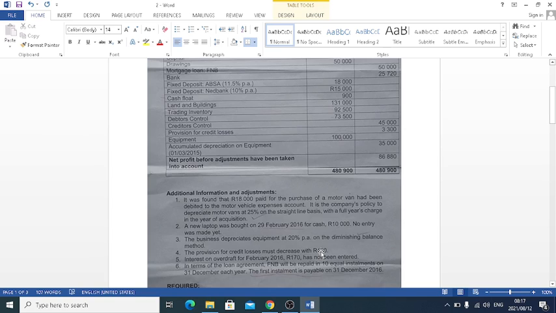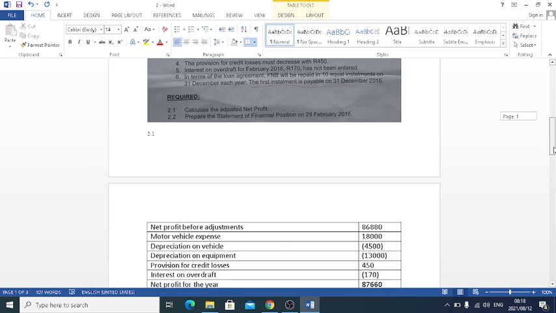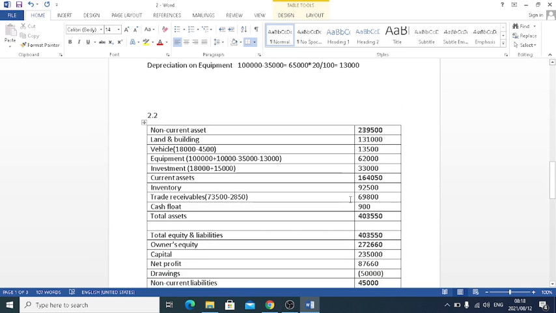So in calculation, we're going to say 3.3 minus 450, which is equal to 2,850. And then 73,500 minus 2,850 is 76,350.